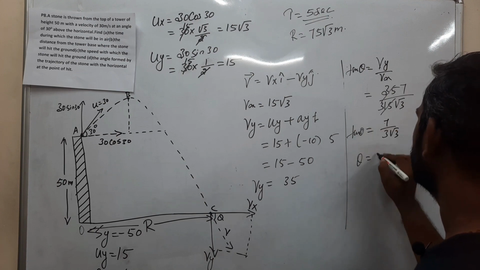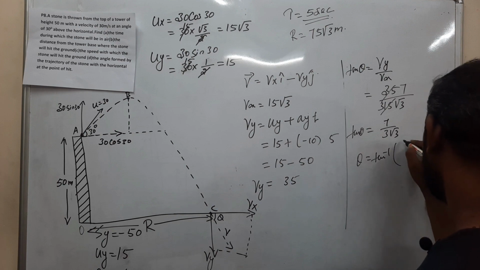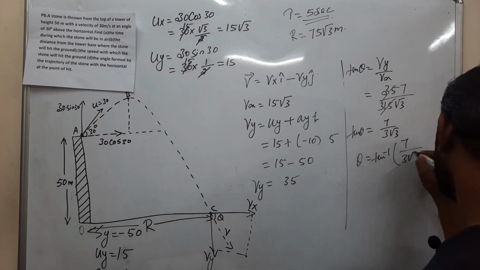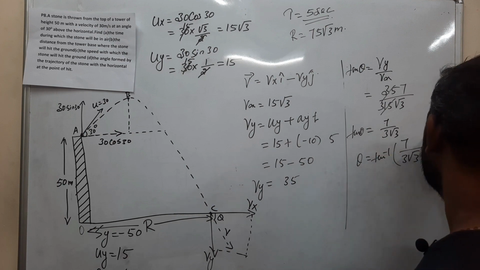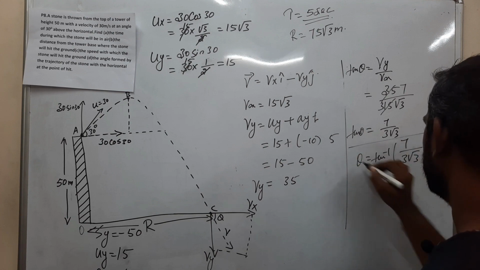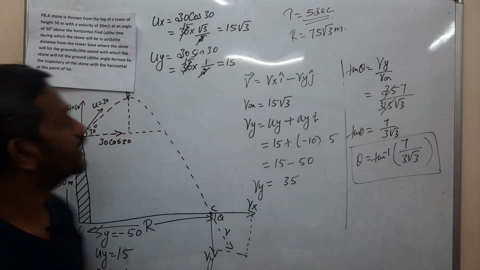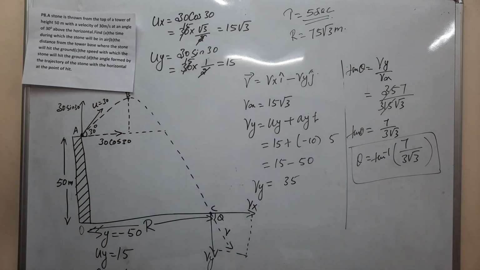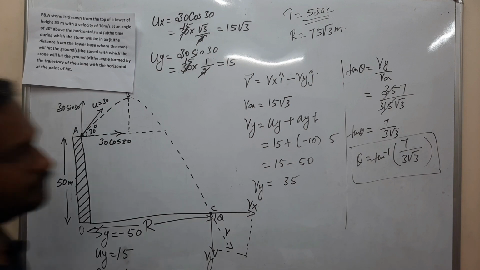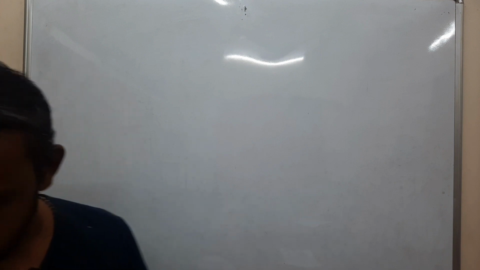So theta is equal to tan inverse of 7 by 3 root 3. Clear? This is theta, the fourth part, that is the angle of the trajectory of the stone with the horizontal at the point of hit. Clear?